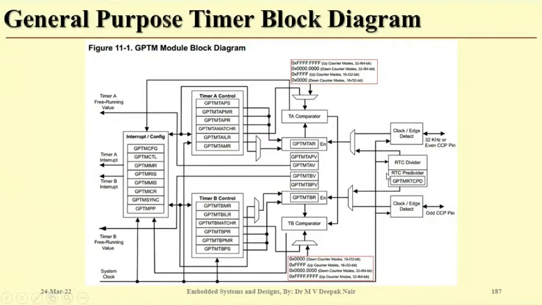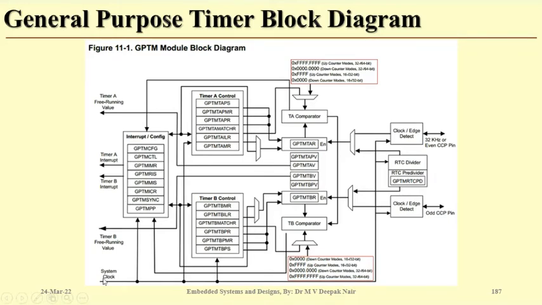There is a comparator for timer A and timer B, and apart from that, it can generate interrupts. Of course, like the Systick timer, here also you can generate interrupts, but these interrupts can be more complicated, more feature rich. So you can generate a very broad range of interrupts using this timer GPTM.